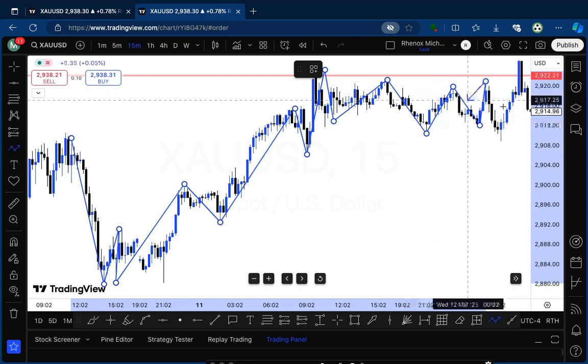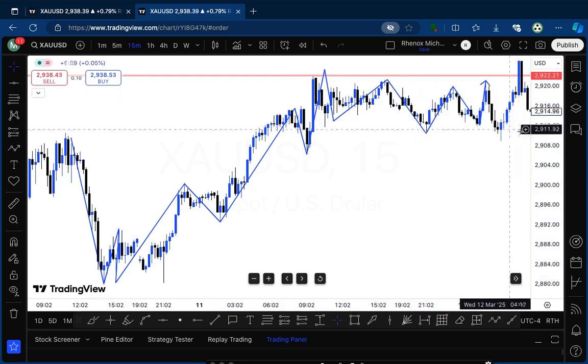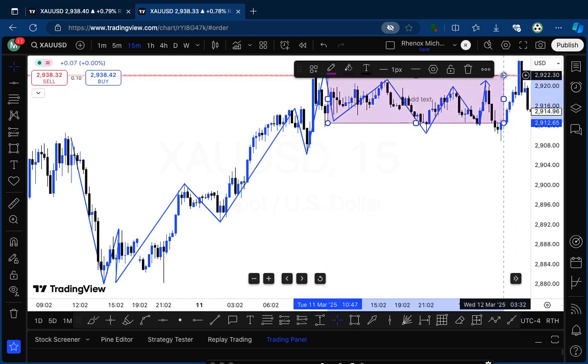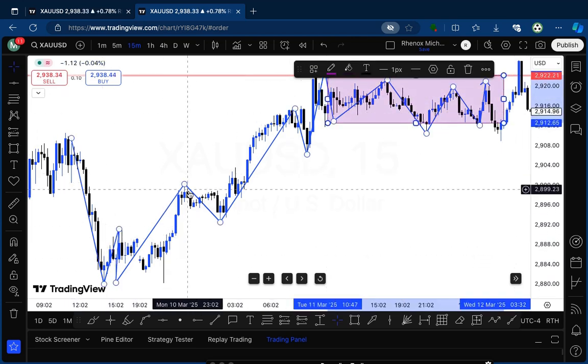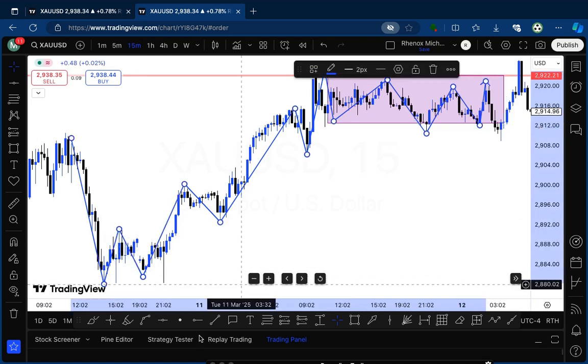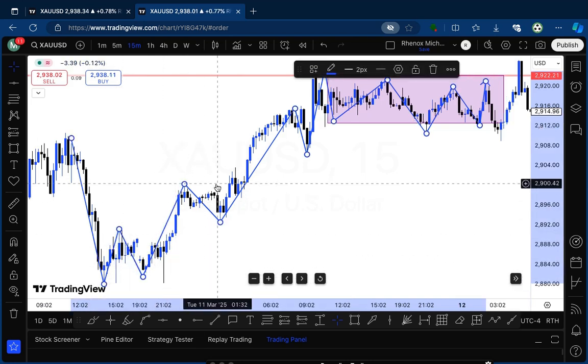You see in here we started having consolidation. This is what we call consolidation in the markets. Alright, while this here is when we had price giving us higher highs. This is an uptrend. This is a wonderful uptrend here.